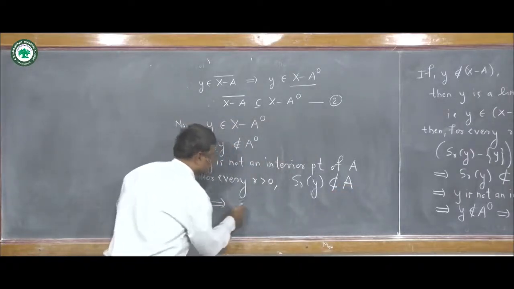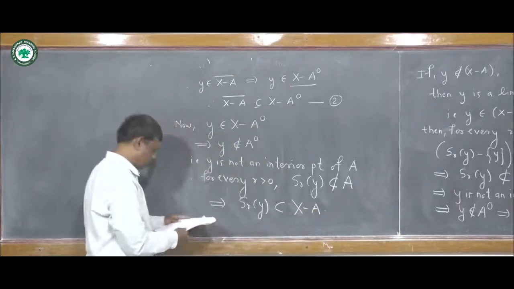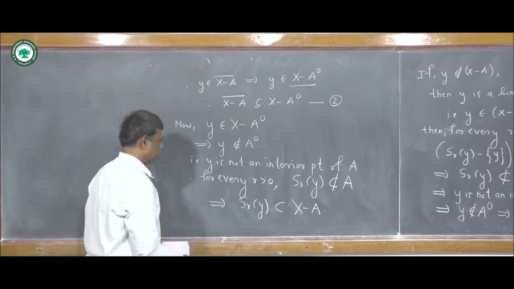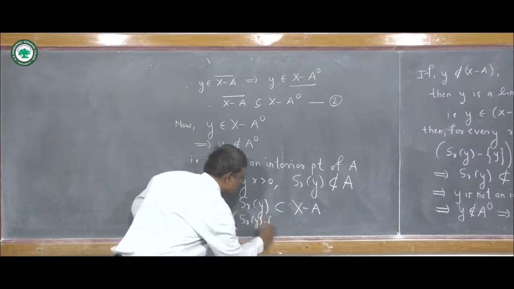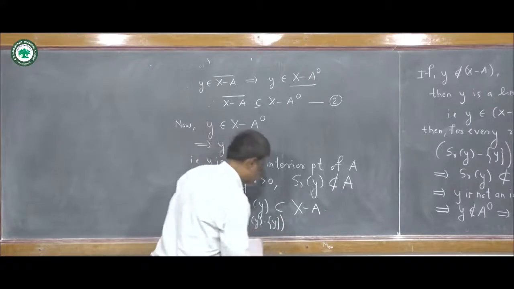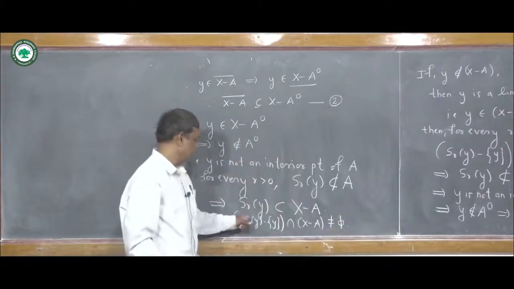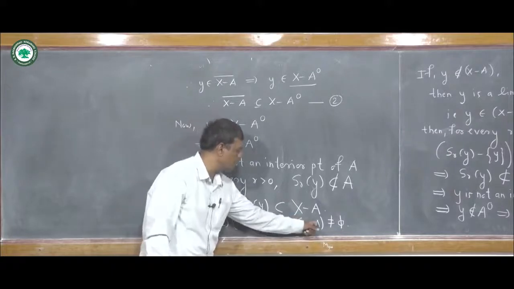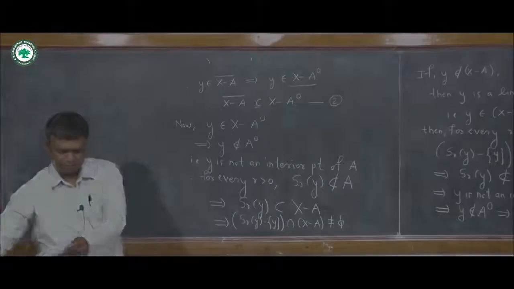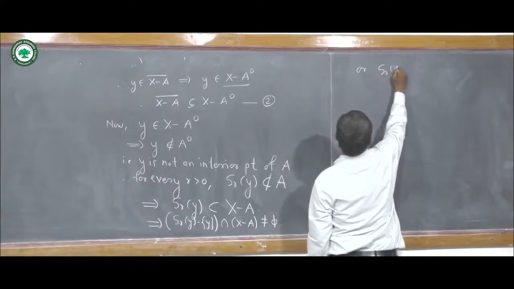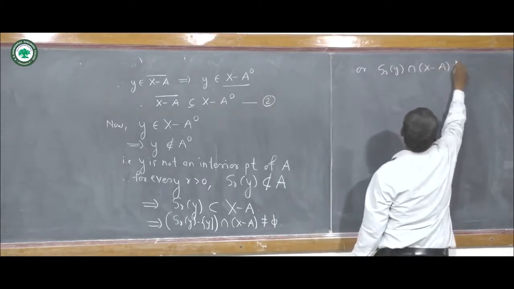So this implies that this open sphere S_r(y) is not contained in A, so the open sphere S_r(y) with its center deleted has intersection with the complement of A not equal to phi.